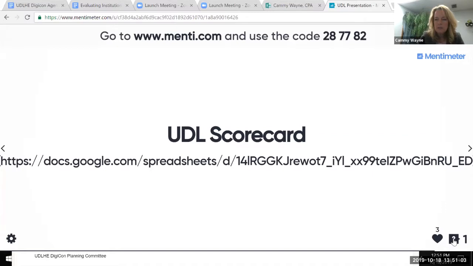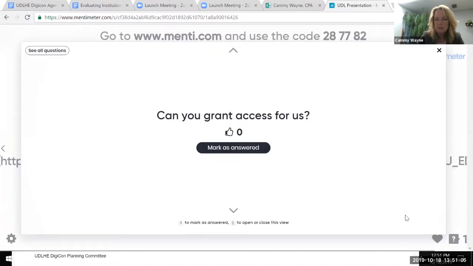Let's answer this question first. You should have access to this Google Drive, but I would go in and make sure, because I didn't want everyone to change it. If you download it into an Excel file, you'll be able to answer the questions and work in it.